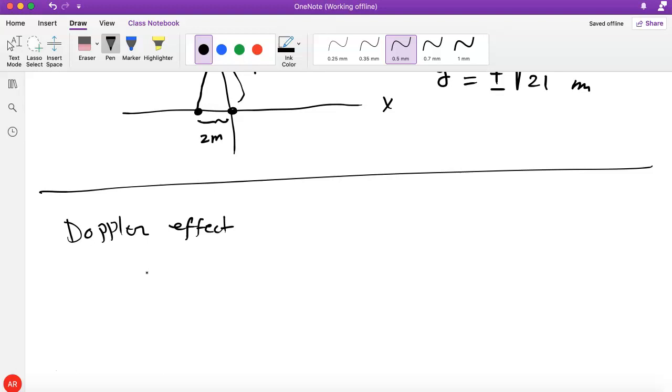We see a different color if it's in the visible range, for example. So we can learn about the expansion of the universe from this phenomenon.